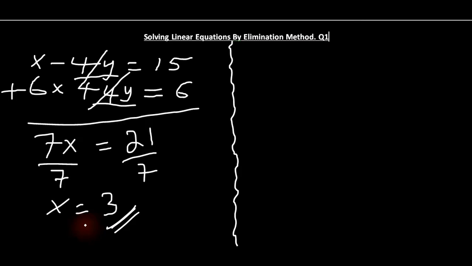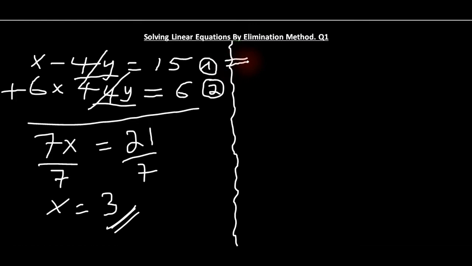So we can easily have the value of y by simply substituting x as 3 in any of the above equations. Let's call this equation 1 and let's call this equation 2. I will go ahead to use equation 1 and substitute x for 3 in this equation.